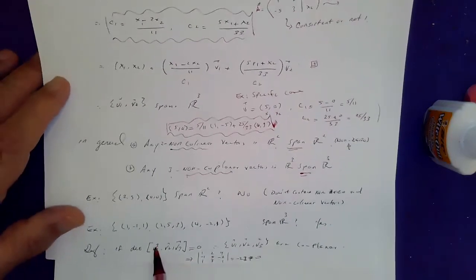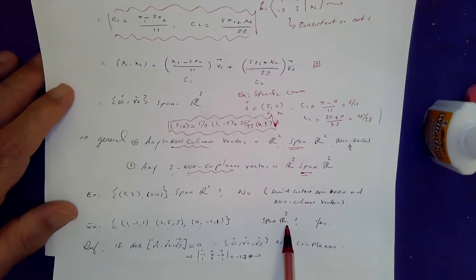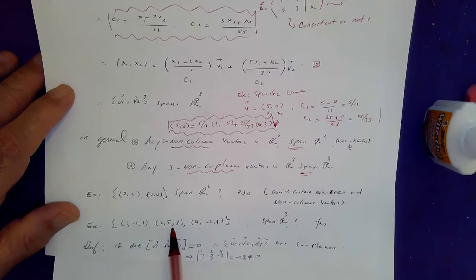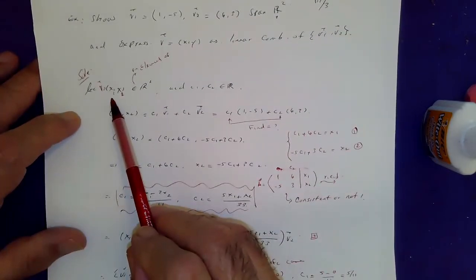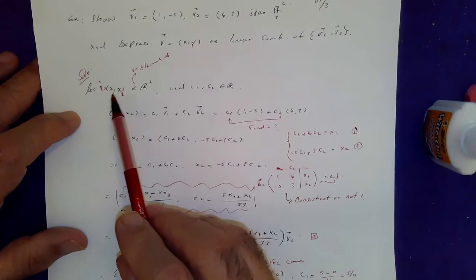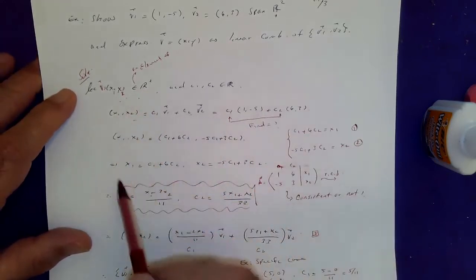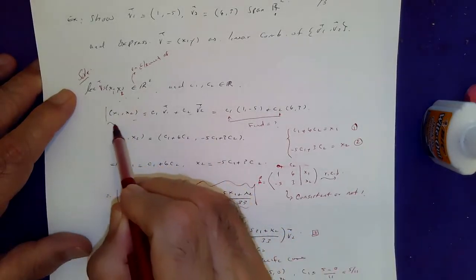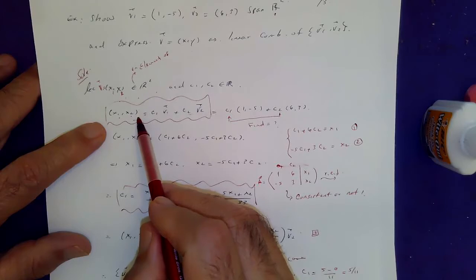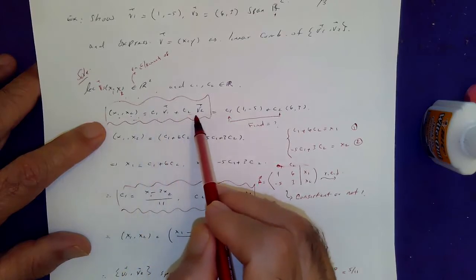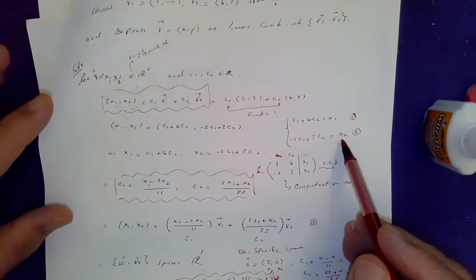So in this particular case, the question is, do these guys span R3? Well, you have to select, just like this, a vector in R3, call it x1, x2, x3, and form this linear combination. Of course, then you will have (x1, x2, x3) equal to c1 v1 plus c2 v2 plus c3 v3, which will give you three equations, three unknowns.